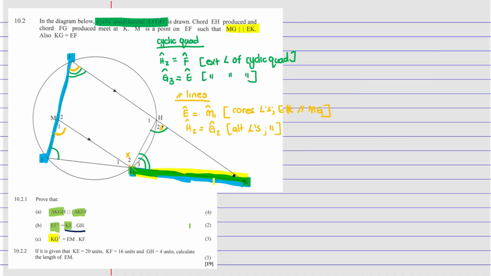Because the only way to get this squared is that this relationship needs to be there. Does that make sense, guys? Yes, ma'am. Then we have EM. Where's EM? EM is this one. And we have KF. So KF is this one, this whole big one.